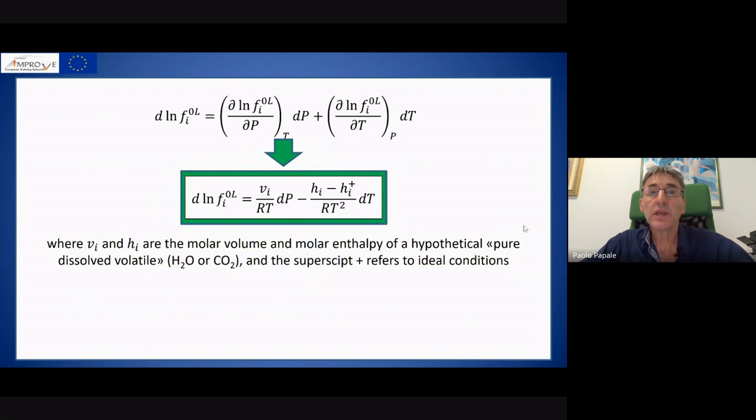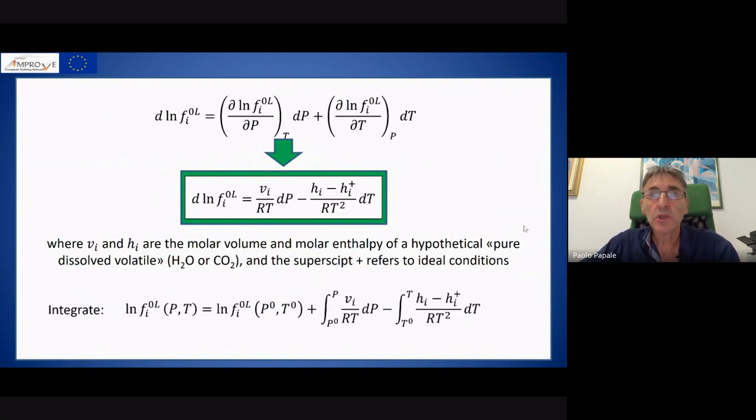Assuming that, we can simply integrate the differential equation to obtain an expression for the reference fugacity in the liquid phase. Here, the first term at the right-hand side represents fugacity at some reference pressure and temperature, identified by the 0 at the superscript.